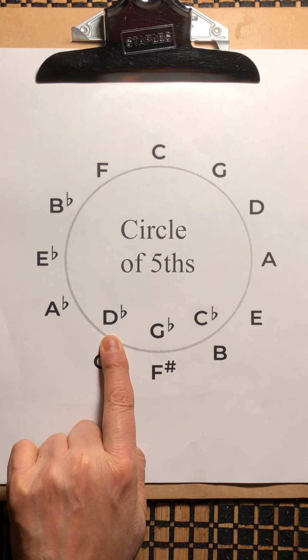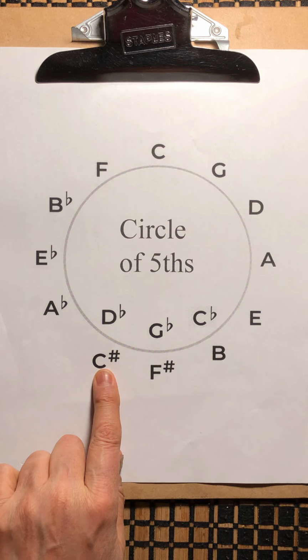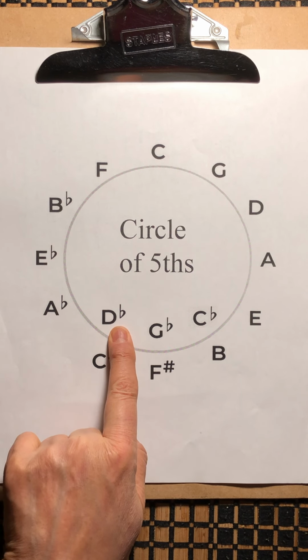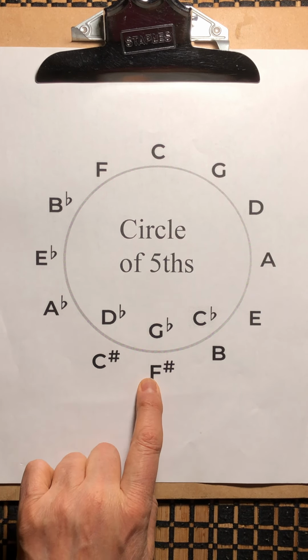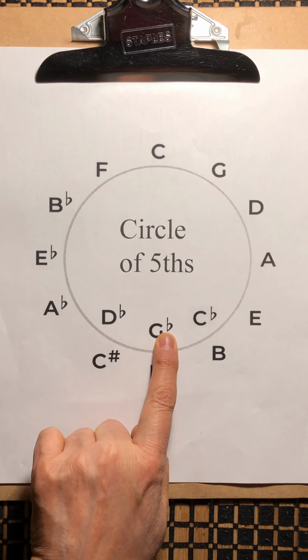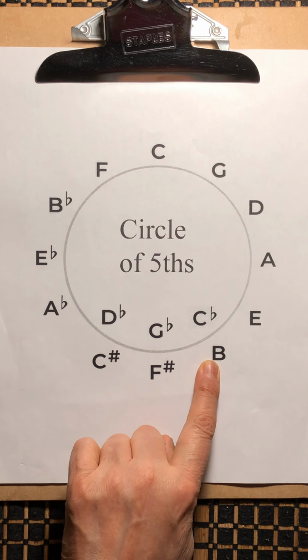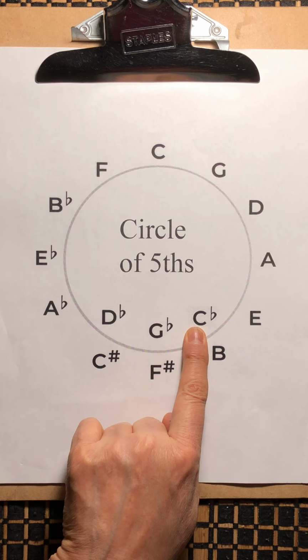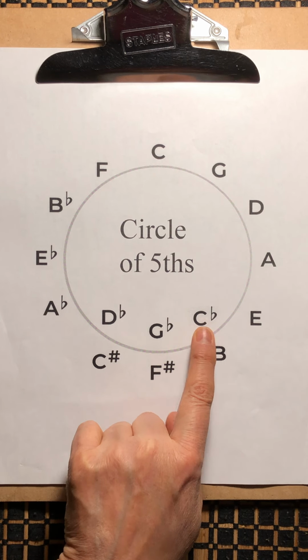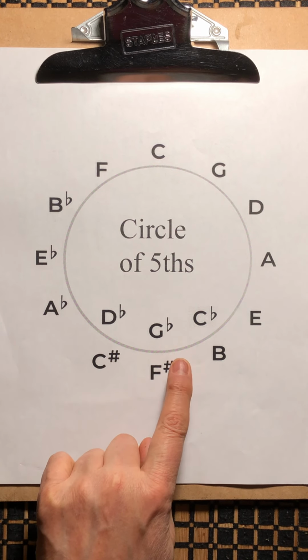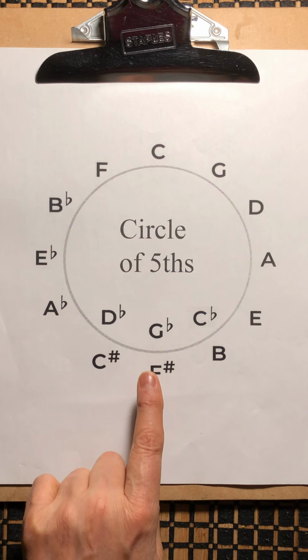At the bottom of the circle of fifths, we have C sharp and D flat, F sharp and G flat, and B and C flat. These are in the same locations as 5, 6, and 7 on the clock face.